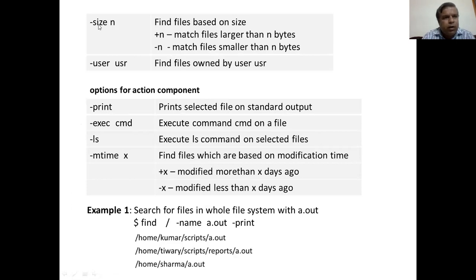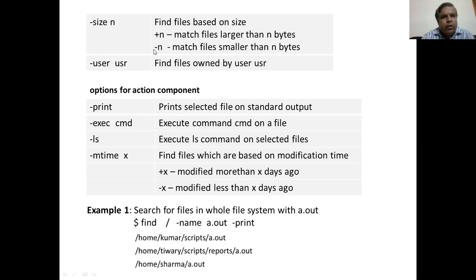Then the other options for selection criteria, -size n, searches for files with size n bytes. Suppose +n, if the size is +n bytes, so it will match files larger than n bytes.